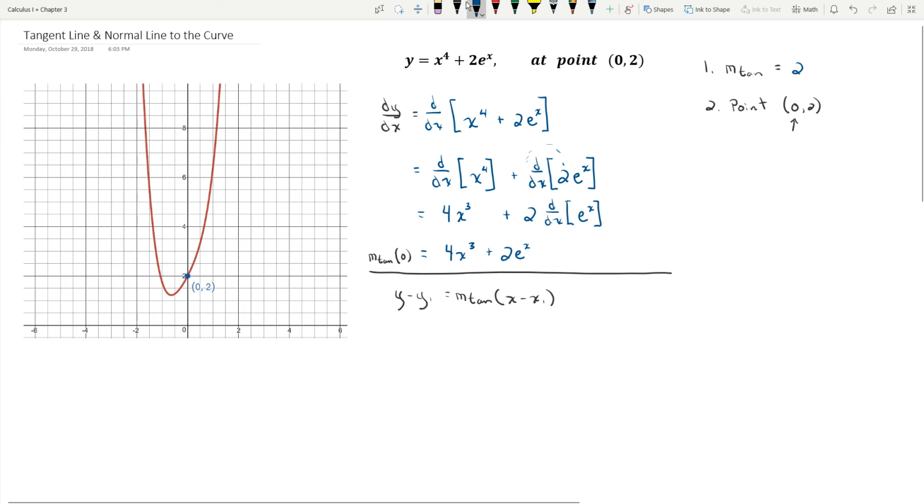Go ahead and plug in our values that were given for the point, and we'll have y minus 2 is equal to our slope. Well, we said our slope is 2 times x minus 0. So this is our tangent line to the curve.